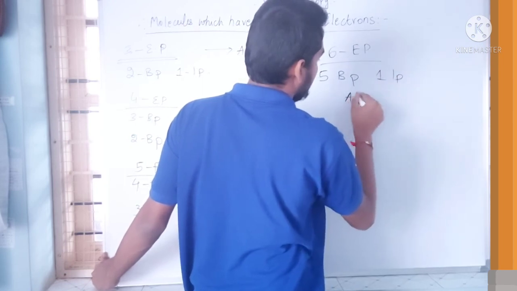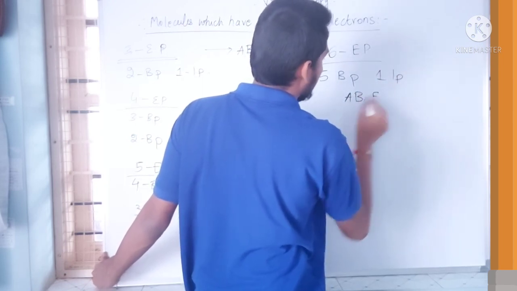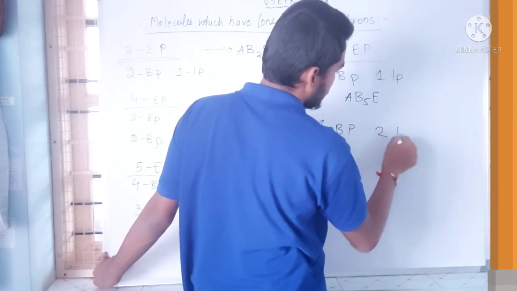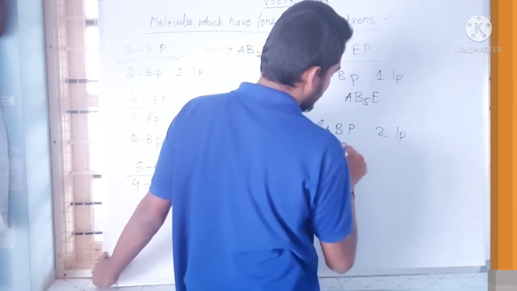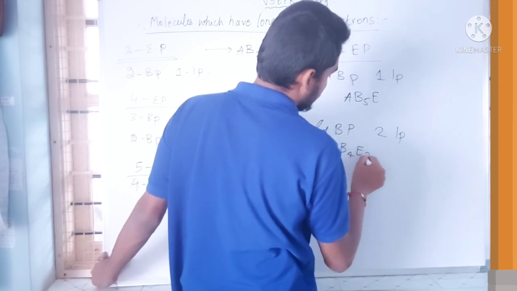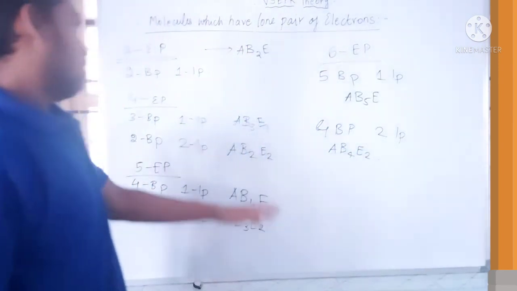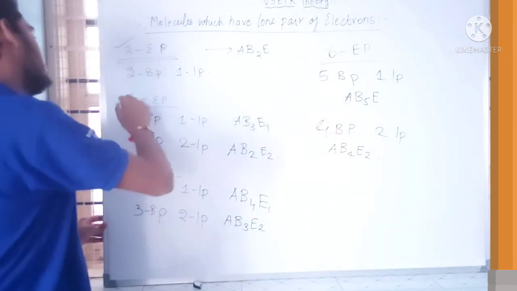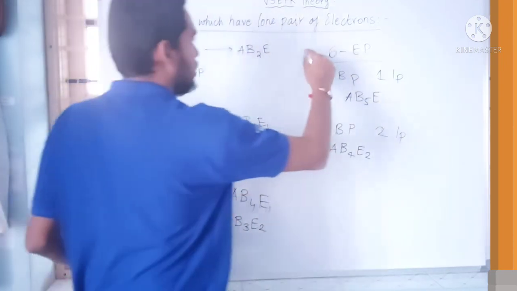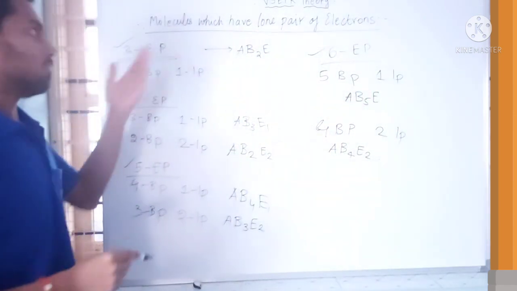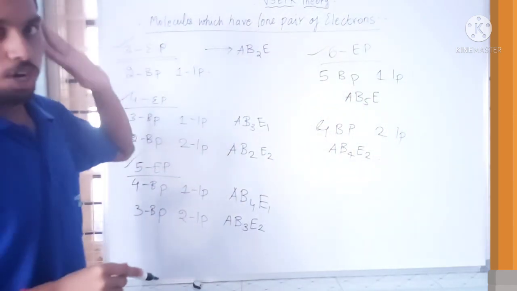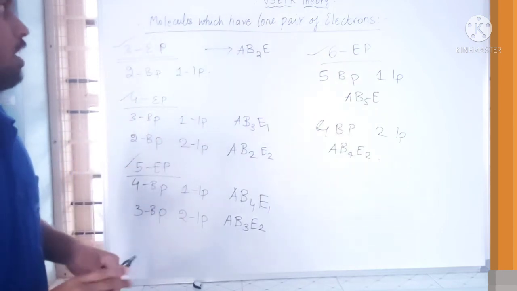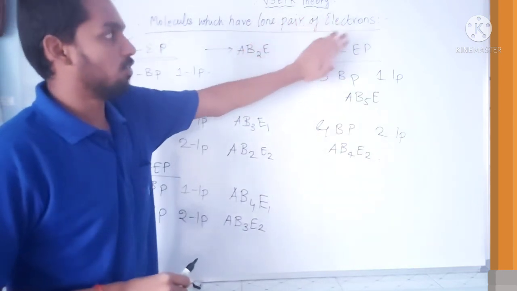So it will be AB5E. If there are 4 bonded pairs and 2 lone pairs, then it will be AB4E2. So this is how you can write the general formula for 3 electron pairs, 4 electron pairs, 5 electron pairs and 6 electron pairs. So this is how we can determine the geometry of the molecules using VSEPR theory, and these are the molecules which have lone pairs of electrons.